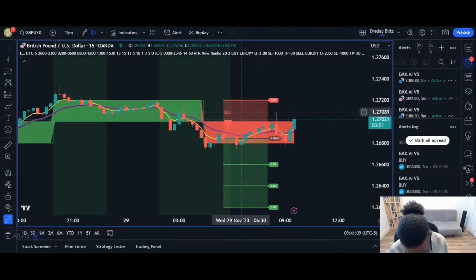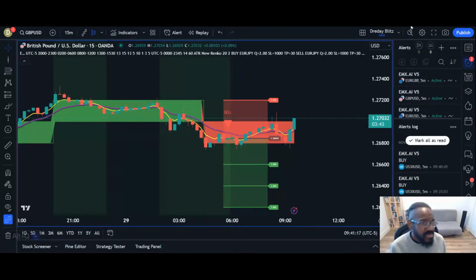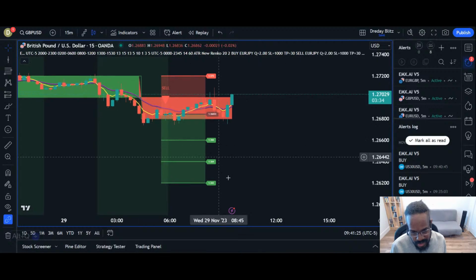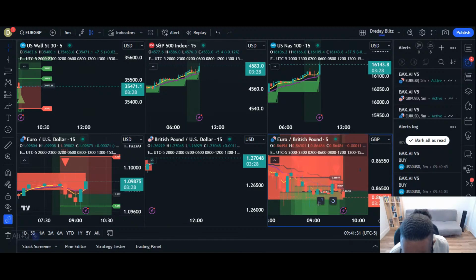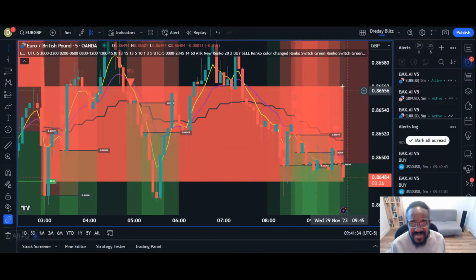It depends exactly on how you like to use the Renkos, so make sure to change them. All right, so this is the market right now.